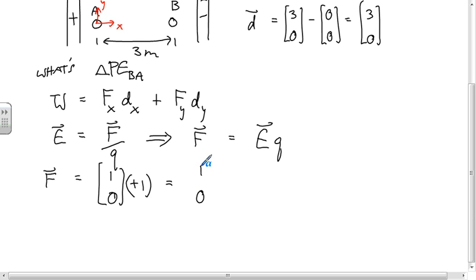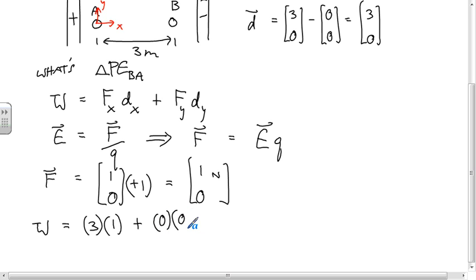What are the units of this force vector? It's a force vector. Newtons, yeah. So the force vector is (1, 0). The displacement vector is (3, 0). So the work then is 3 times 1 plus 0 times 0.